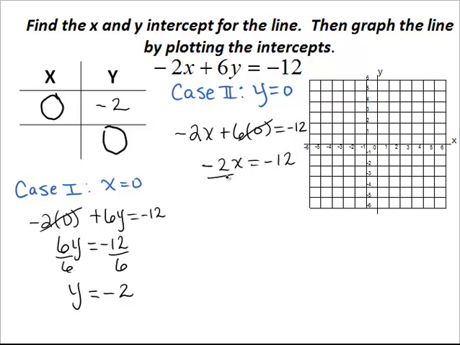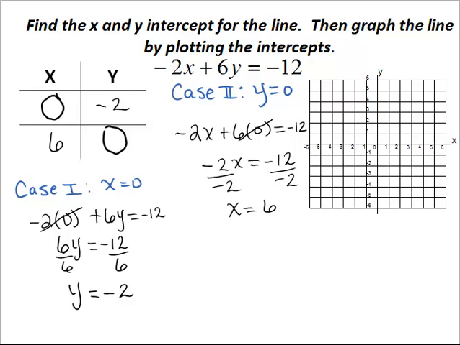Now we divide both sides by negative 2, and we notice that x equals positive 6, so we will fill this in. So now we have our values for both x and y respectively, so that we can plot our intercepts.